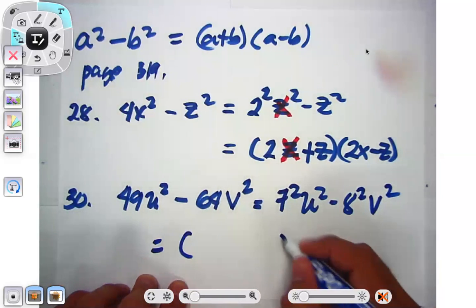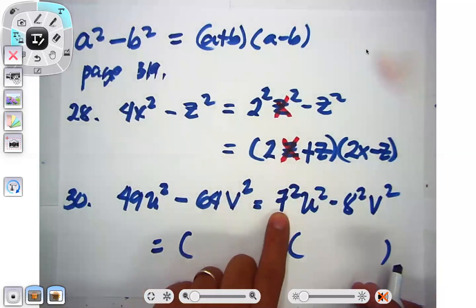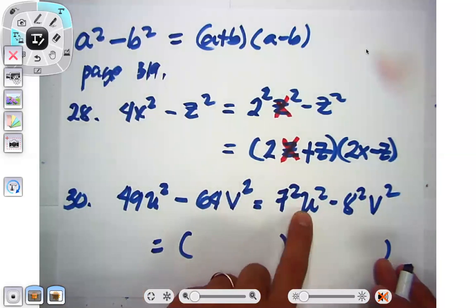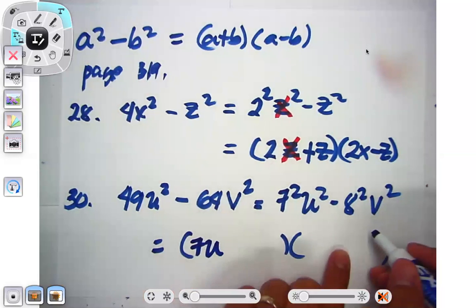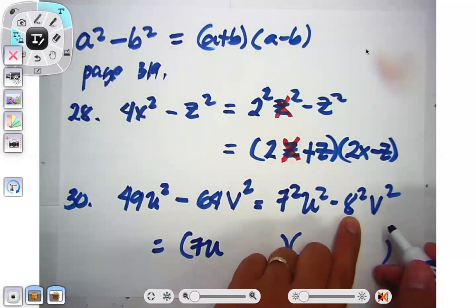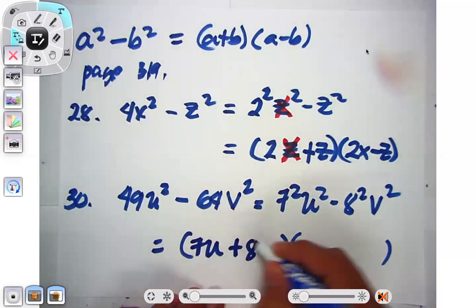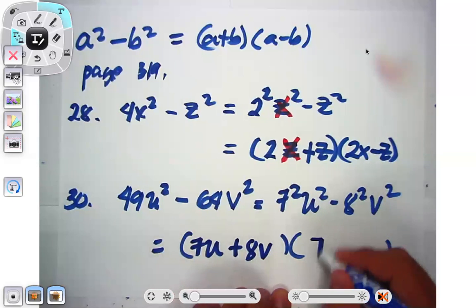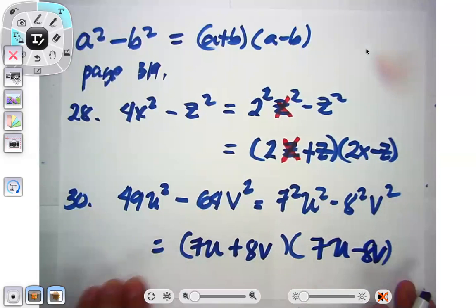What are the two factors? It's going to be the square root of the two terms. The square root of 7 squared u squared is 7u, and the square root of 8 squared v squared is 8v. So it's 7u plus 8v. The other one is 7u minus 8v.